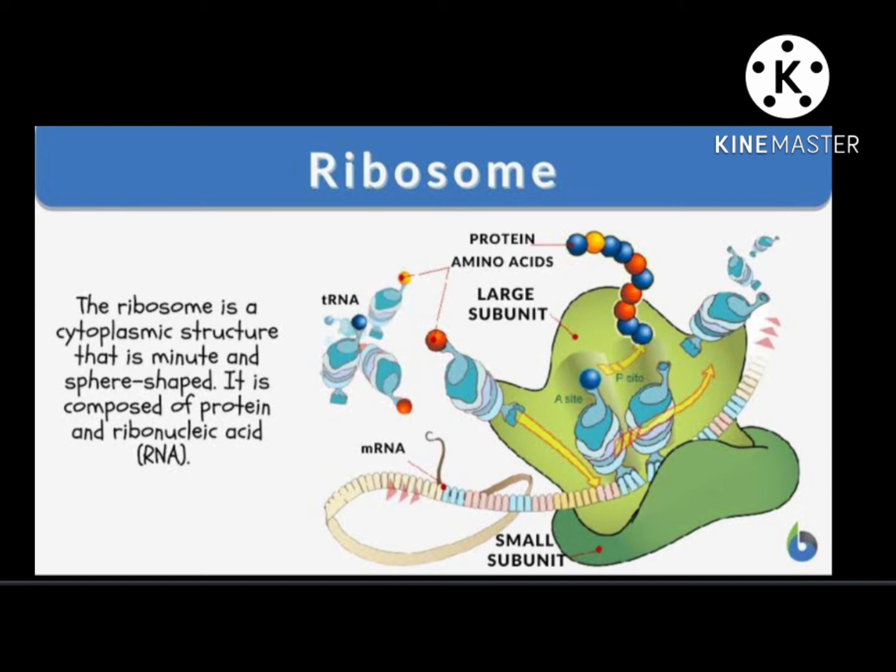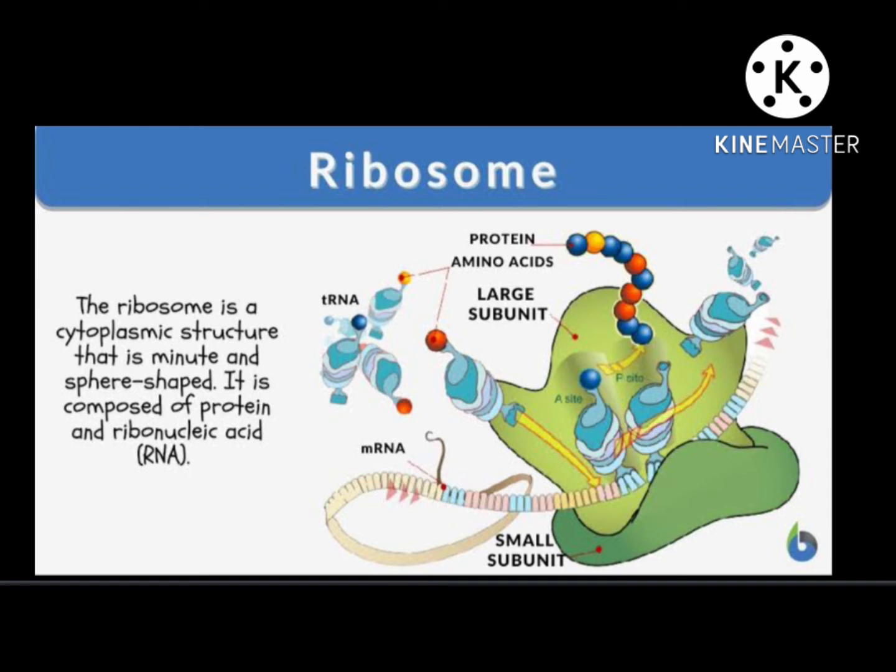For example, as I said before, they are sometimes attached to the endoplasmic reticulum. Here in prokaryotes, they are not attached to any other cell organelles. Hence, they are known as free ribosomes.